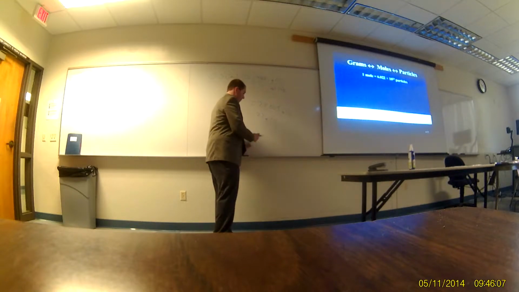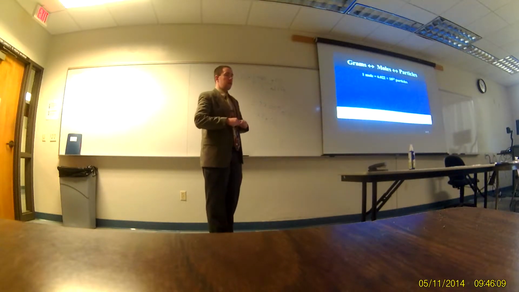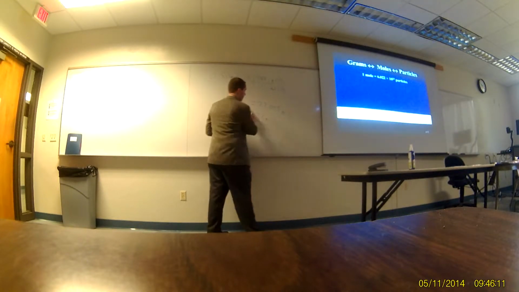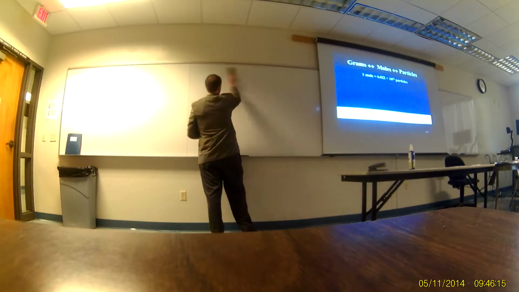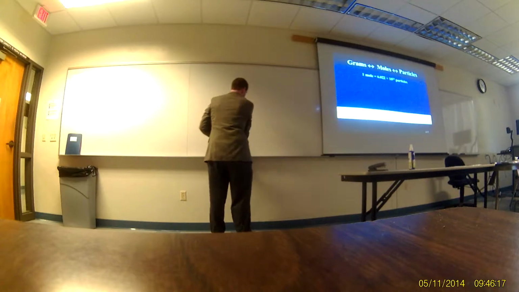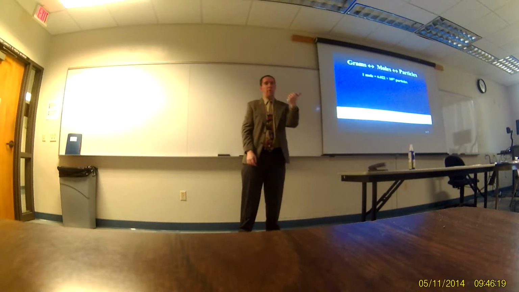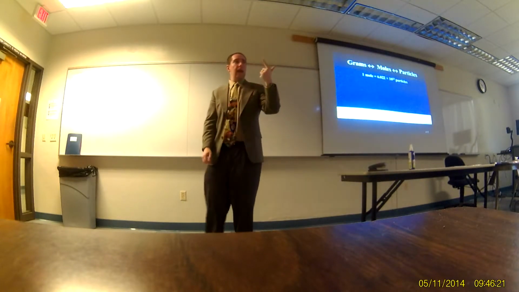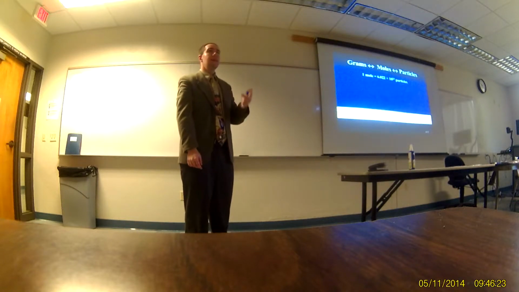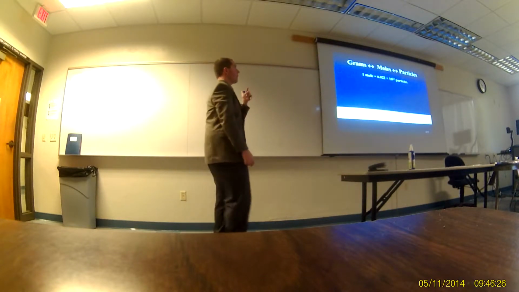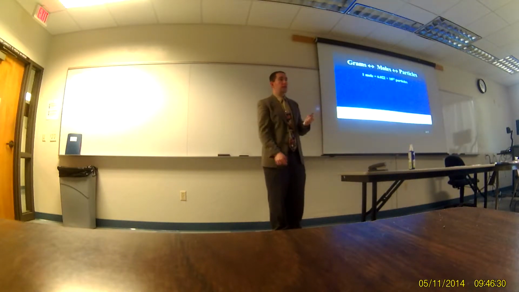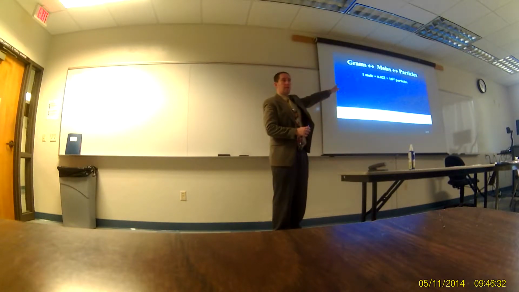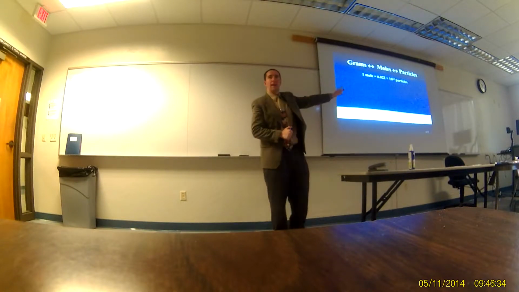Now we're going to move into the 6.022 times 10 to the 23rd. And this is going to trip some people up. So we can convert between grams and moles and particles. You have to remember that 1 mole is 6.022 times 10 to the 23rd particles. That is a conversion factor. We can use that in dimensional analysis.